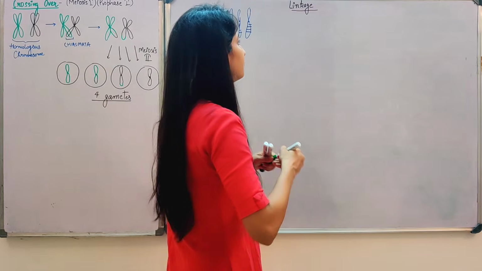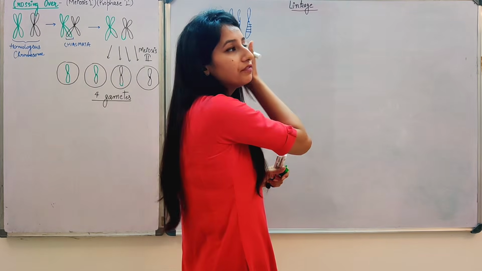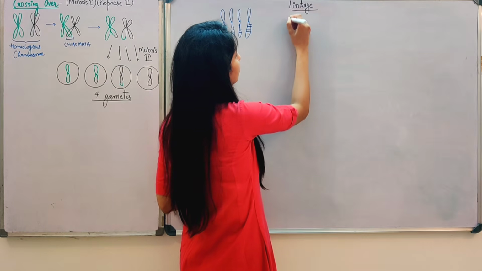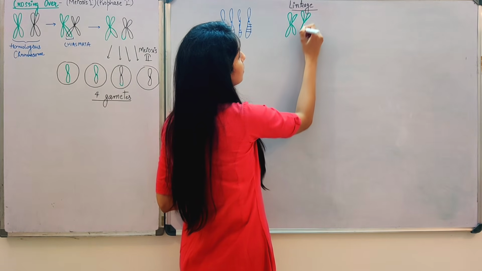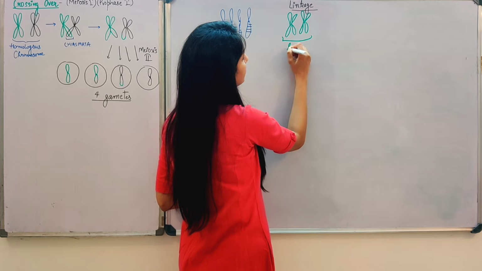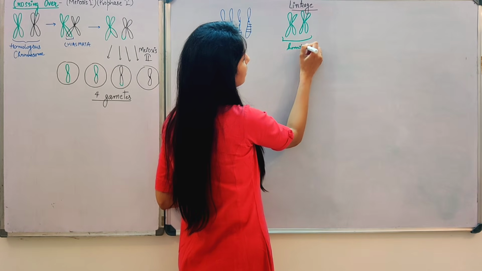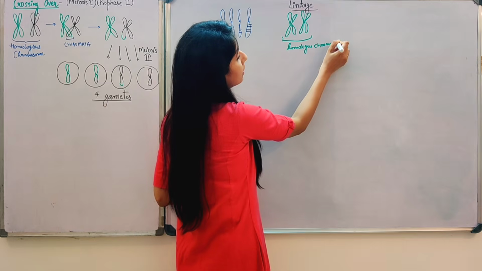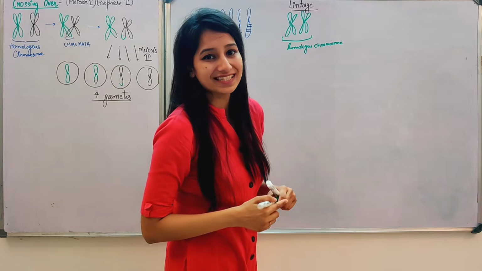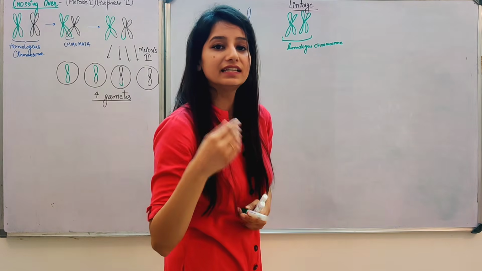Okay. So if we see about linkage and if we see a chromosome, for example, here is a chromosome and here is a chromosome. These are what? These are homologous chromosomes. Now on them 2 genes are present. We'll consider any genes.